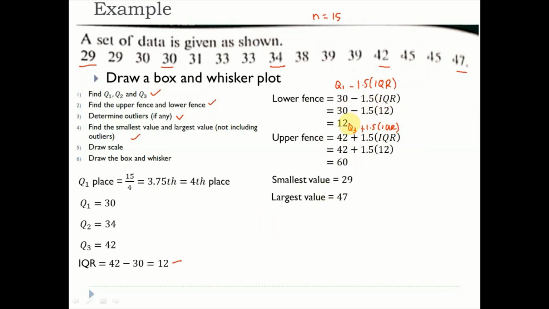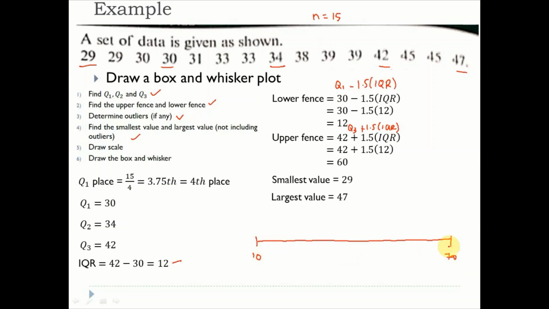So our fence is 12. So I can take my smallest scale ataupun the smallest value untuk jadi 10. Okay, ini adalah macam, usually you have to draw this on graph paper. So 10. Okay, and then upper fence is 60, so I can take, let me take 70.